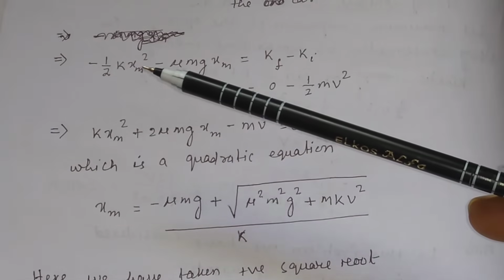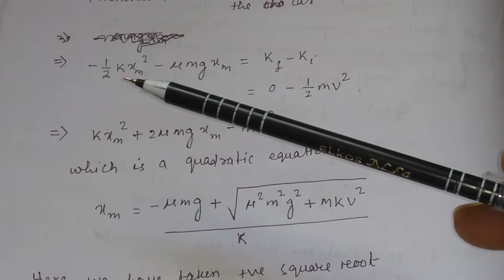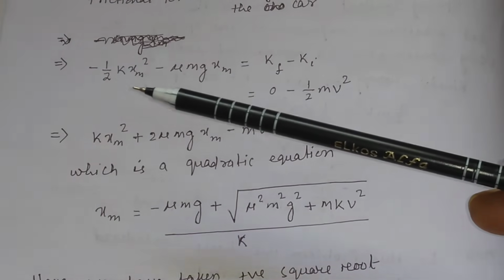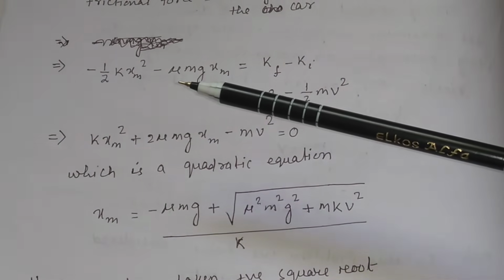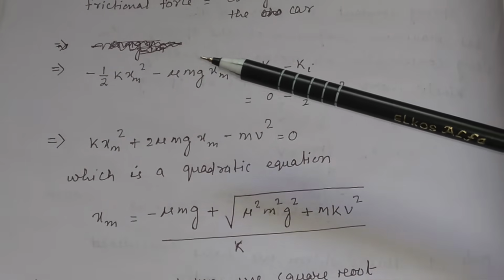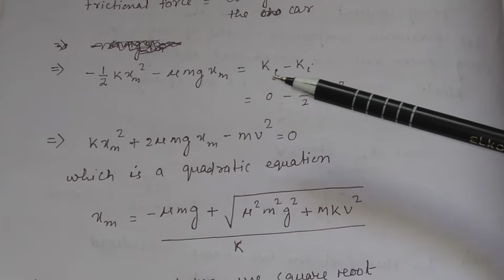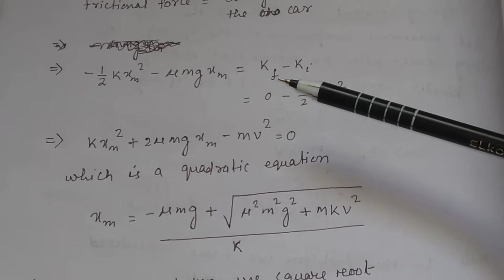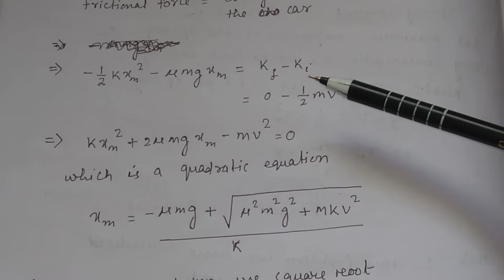So the total work done will be equal to minus half kxm square, that is the work done by the spring force, plus minus mu mg into xm, that is the work done by the frictional force, and that is equal to the change in kinetic energy, that is final kinetic energy minus the initial kinetic energy.